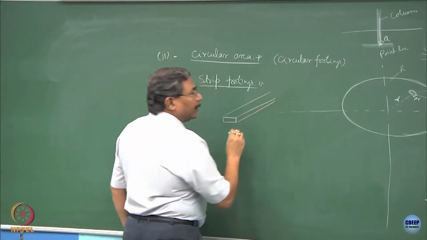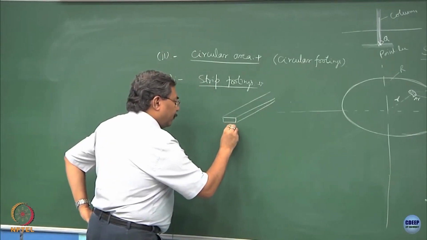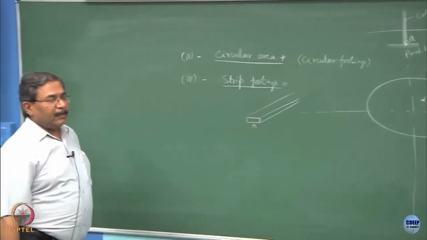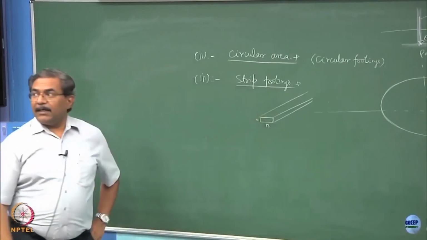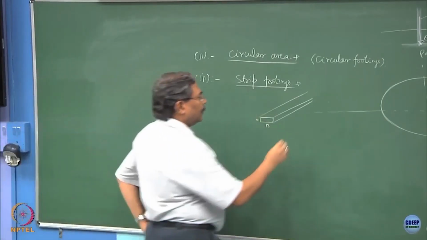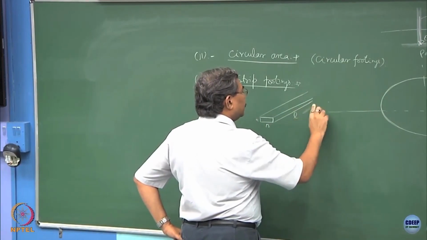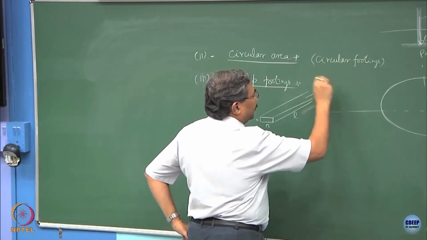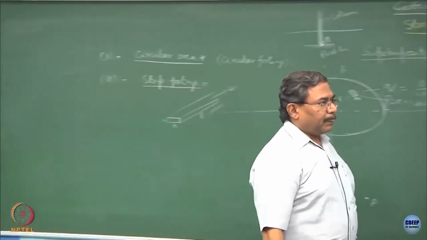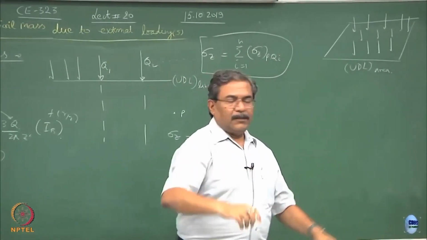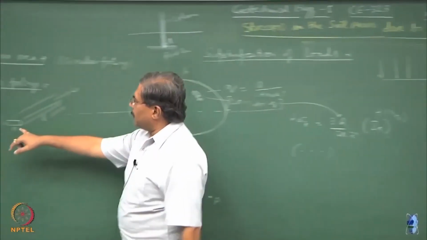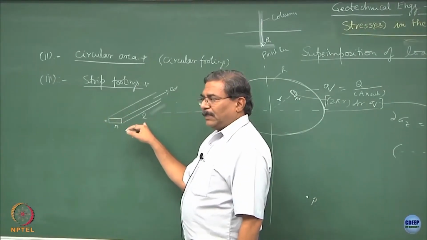When we say infinity, the width of the foundation B and the thickness of the foundation are much smaller than the length of the foundation. Clear? This becomes a strip footing, a one dimensional footing, because their width and thickness are very small as compared to the length.